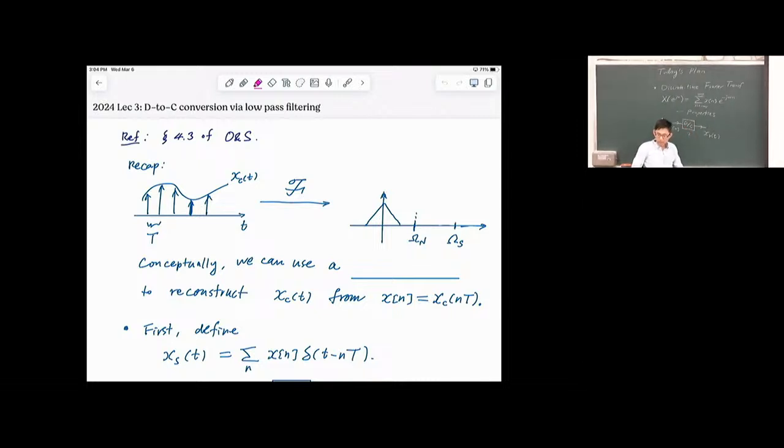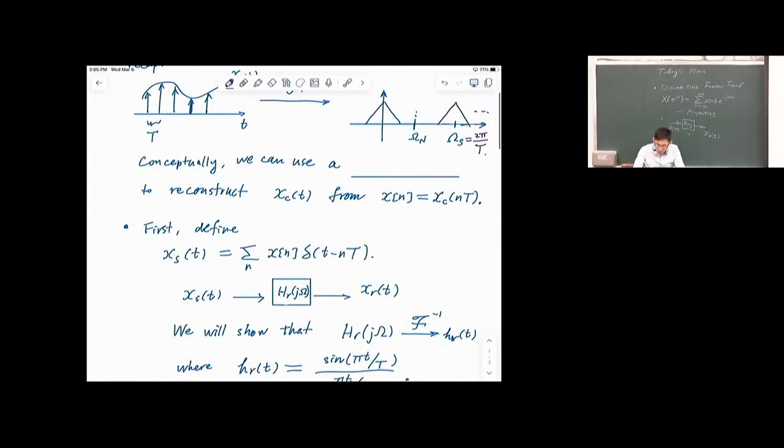As a recap, when we have a signal in continuous time and we sample it into a train of impulses, the result is that the spectrum repeats itself at every 2 pi divided by T, which is the sampling rate in radians per second. The spectrum repeats, and conceptually, how do we recover the signal in time?